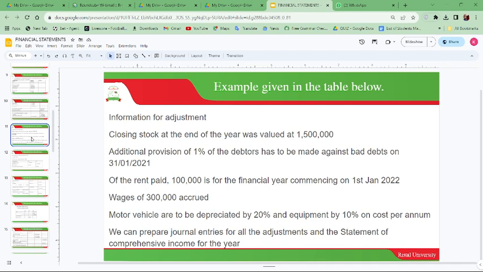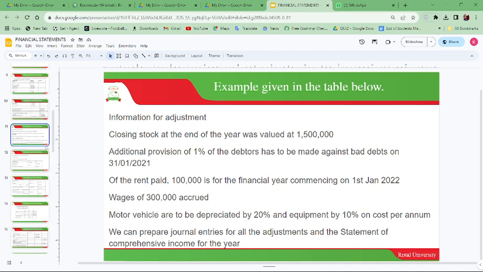And then in our additional information they are saying of the rent paid, it means the rent that was paid, the 100 is for the financial year commencing 1st January 2022. It means 1st January is in front, we have not yet reached January, we are looking at December. So it means it has been prepaid. You have paid for the month that you have not yet entered, so it is prepaid.